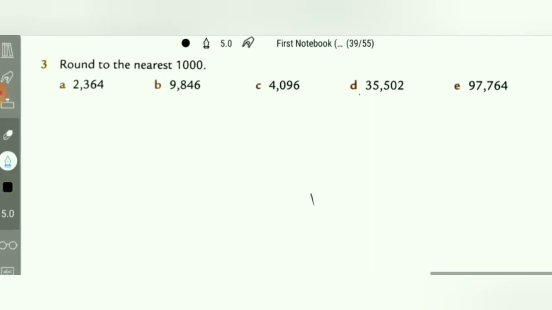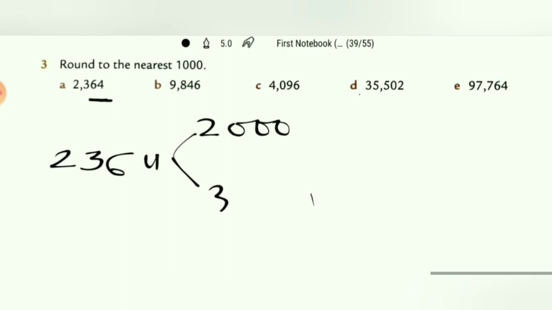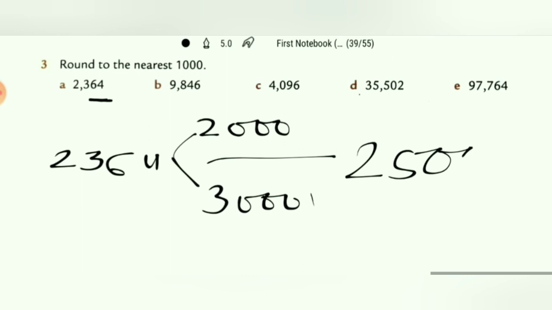See, 1000 means 3 place values will be changed. So the question is 2364. This we have to write in 1000. So 2000 and 3000, and the middle value is 2500. Our question is 2364, which is less than the middle value.